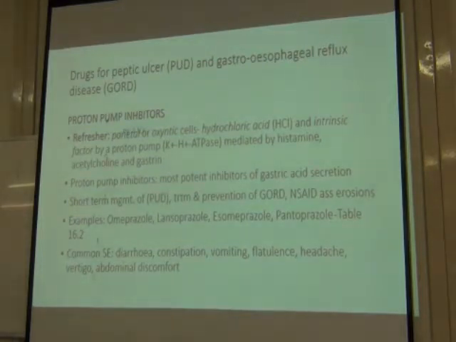So if a patient has peptic ulcer as a result of the use of non-steroidal anti-inflammatory agents, then you can use your proton pump inhibitors. Examples are omeprazole, lansoprazole, and esomeprazole, and all the prazoles that you see there. The common side effects are diarrhea, constipation, and the other things that you see on the slide.